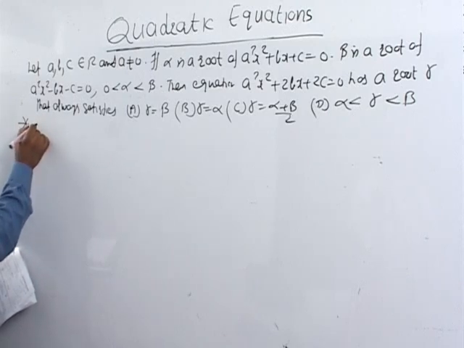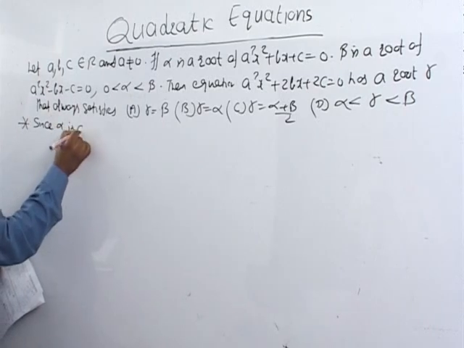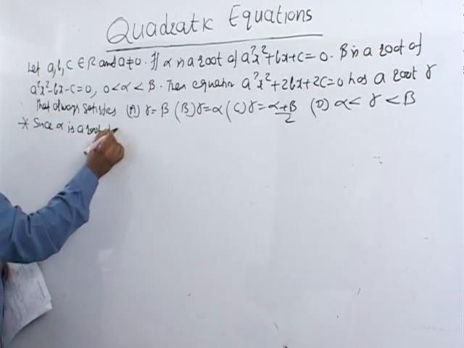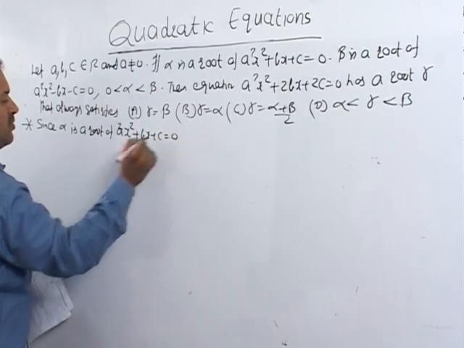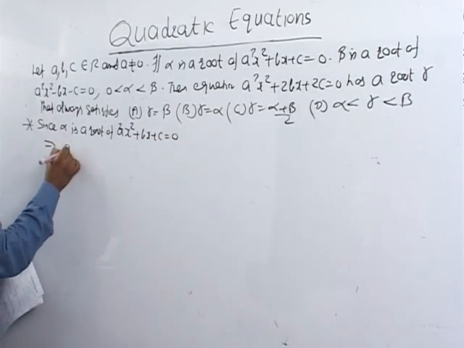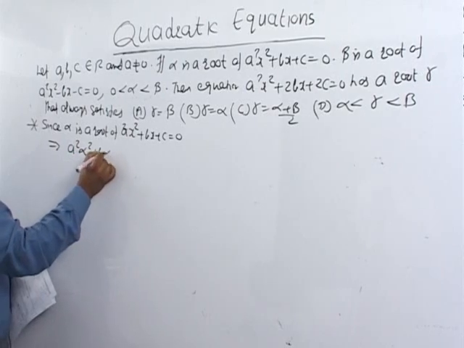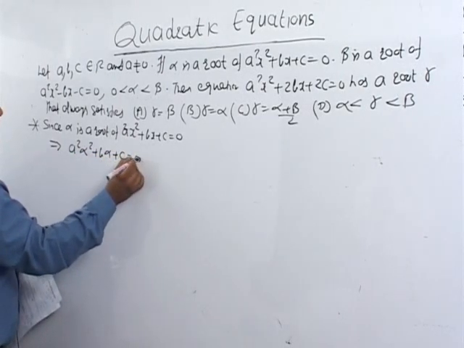The solution of this question will be: since alpha is a root of a squared x squared plus bx plus c is equal to 0, we can say a squared alpha squared plus b alpha plus c is equal to 0.